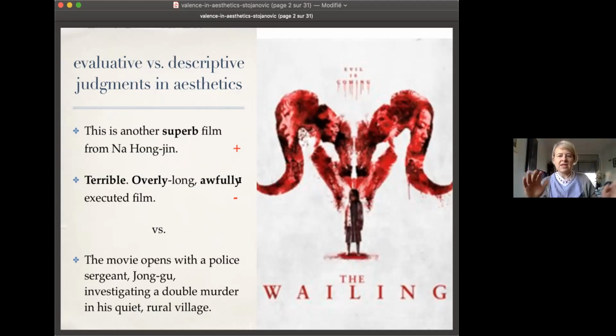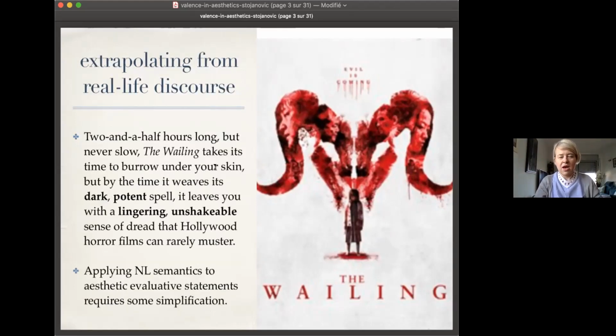So this is actually a simplification that people like to work with in language. Now, you might rightly point out that this is not the most usual way in which people talk about art. When you look at movies, maybe between us we might say, oh, this was a great movie, or it was a bad movie, but very often in the evaluation of movies the language that people use is much more complex.